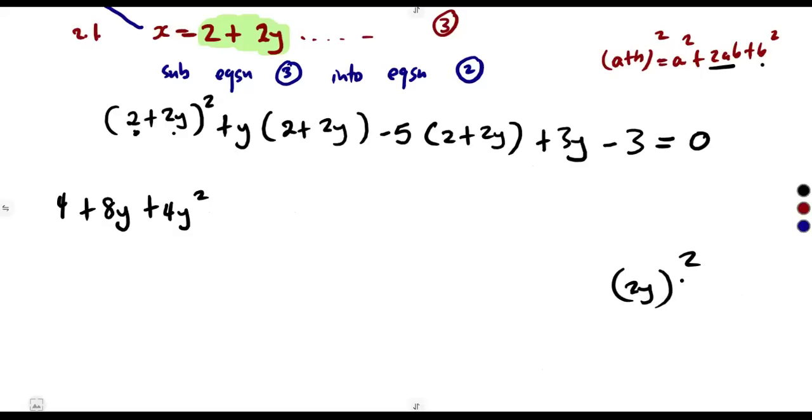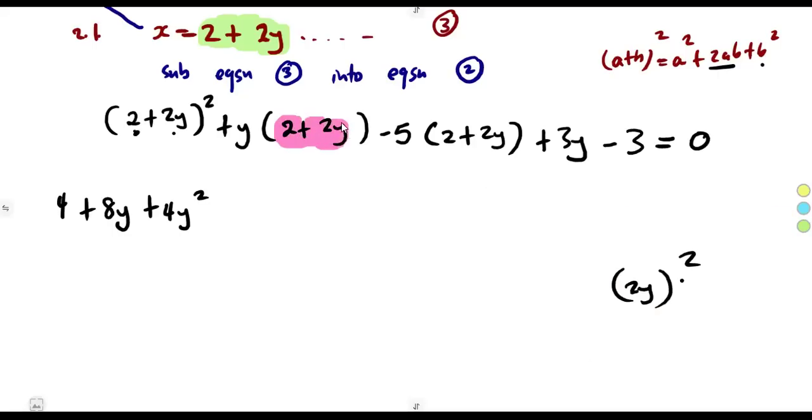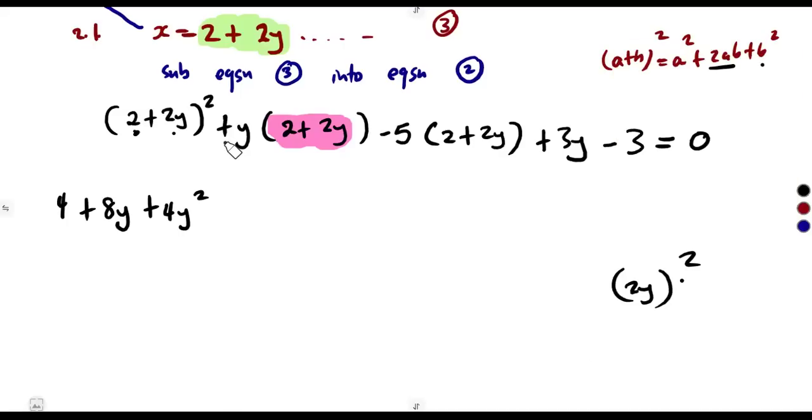All right, then distribute y over this bracket of 2 plus 2y. We just multiply each and every term by the y that is outside. So that's plus y times 2, which gives us 2y, plus y times 2y, which is 2y squared.